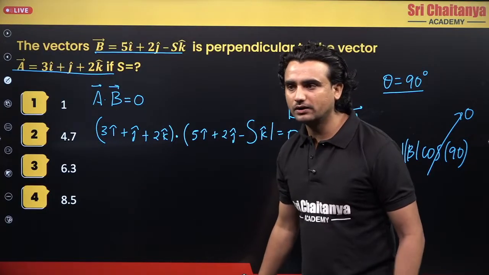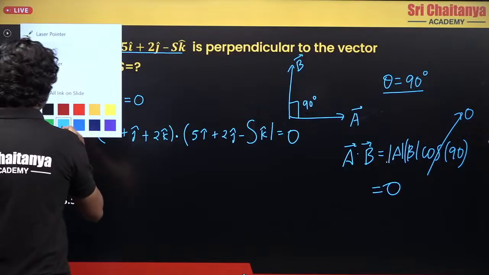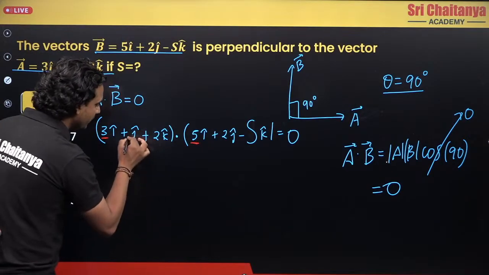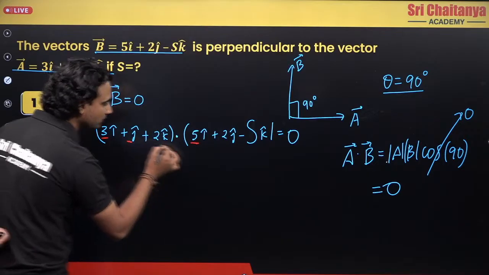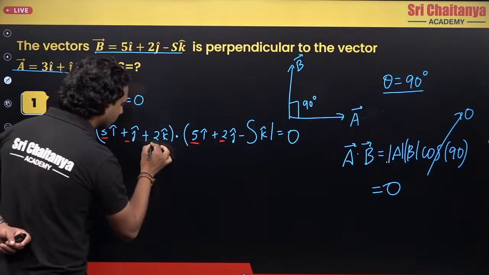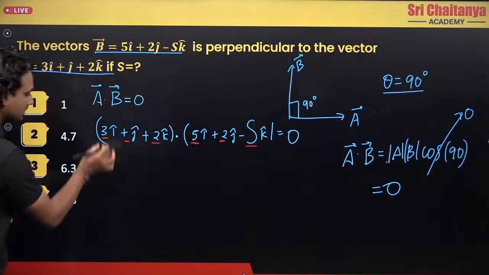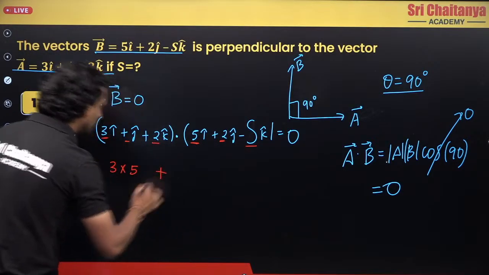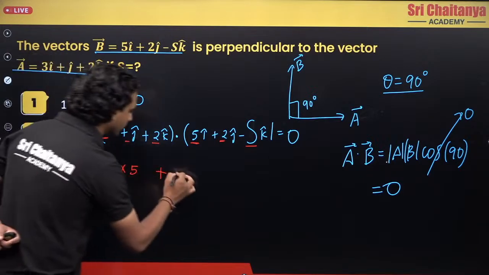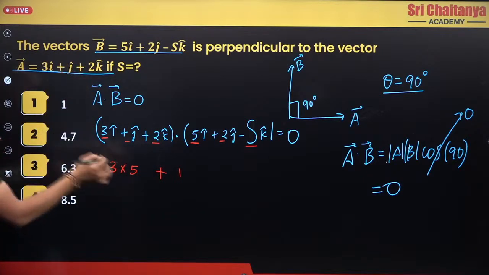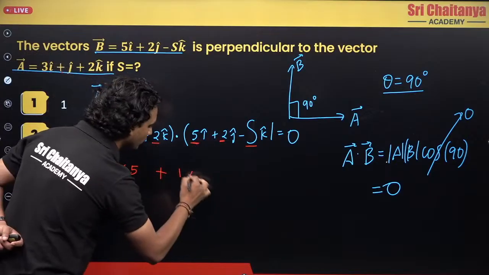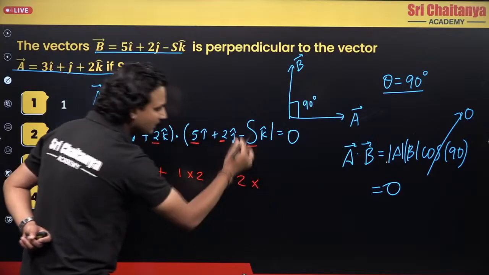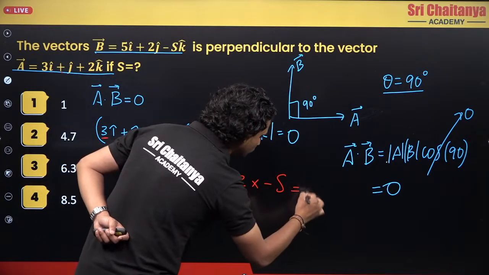Now how to do the dot product? I told you that you multiply the i and i terms, then you multiply the j and j terms, and finally you multiply the k and k terms. So what is this? 3 and this is 5. So this will give me 3 into 5 plus, for j it is 1 into 2, so 1 into 2, plus 2 into minus s, is equal to 0.